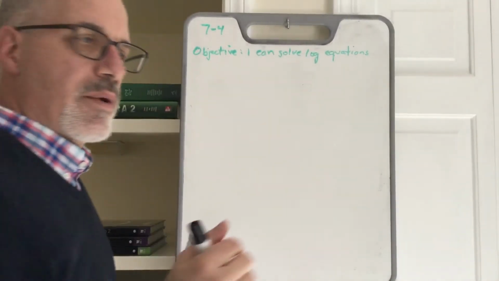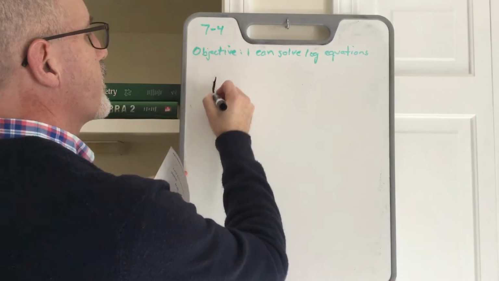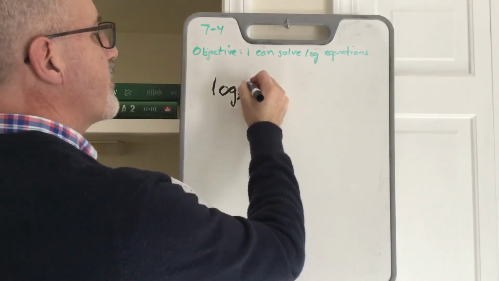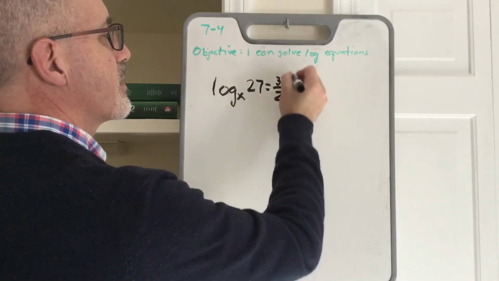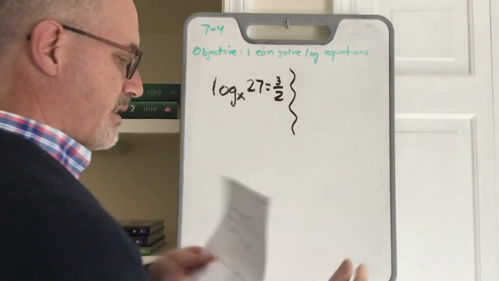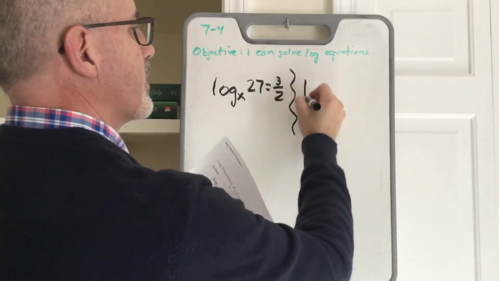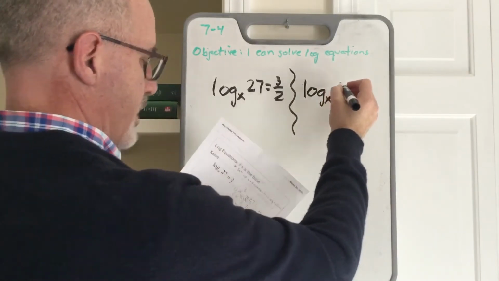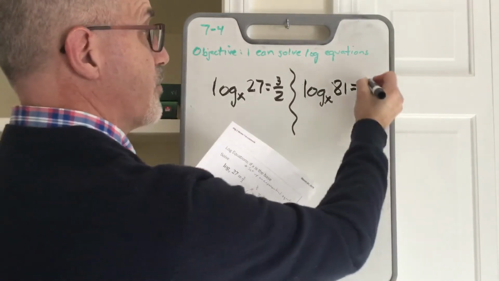The first one I want to do is log base x of 27 equals 3/2. And the second one we'll try is log base x of 81 equals 4/3.